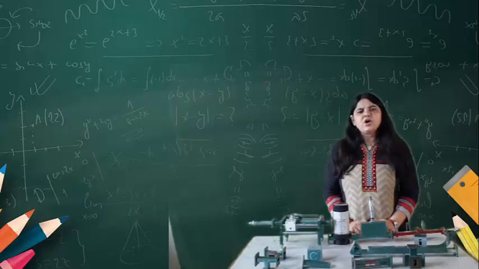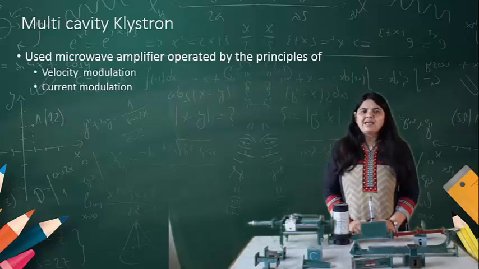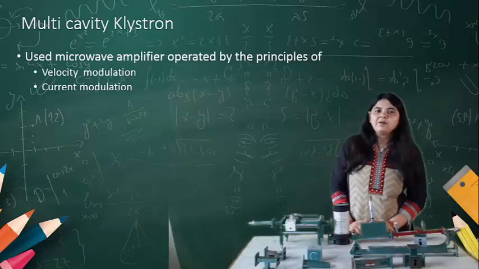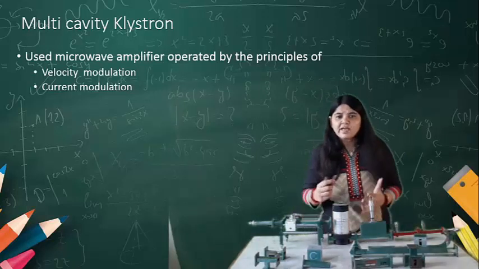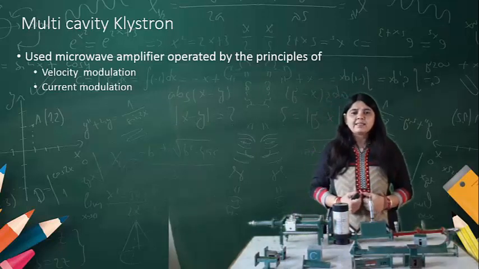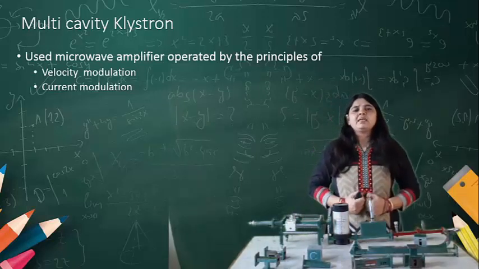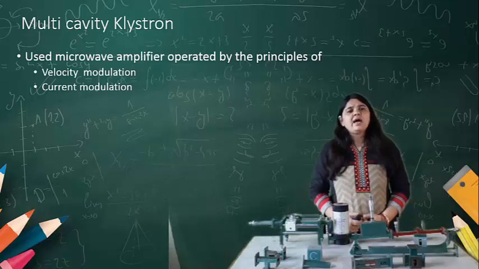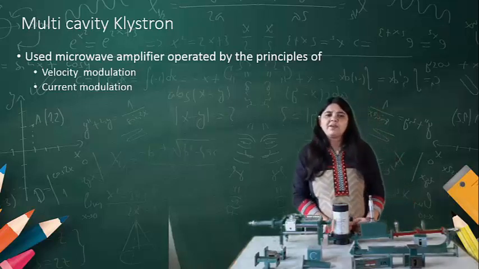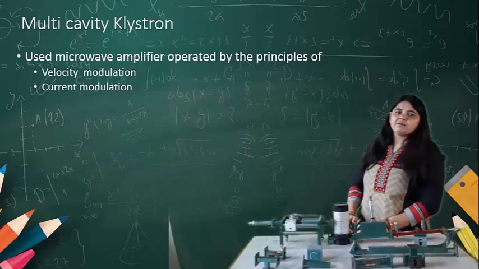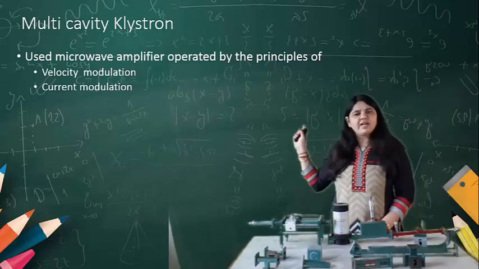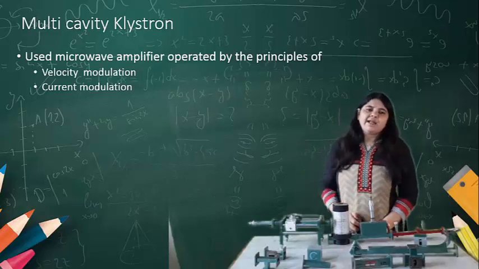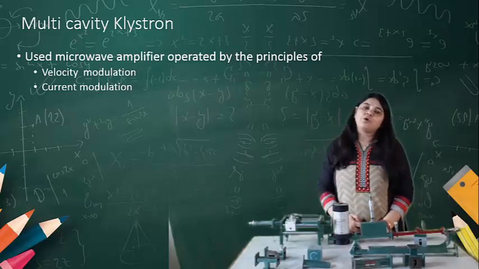Multi-cavity klystron means more than one cavity, used as a microwave amplifier and operated on two principles: velocity modulation and current modulation.